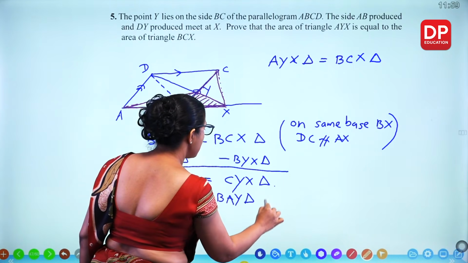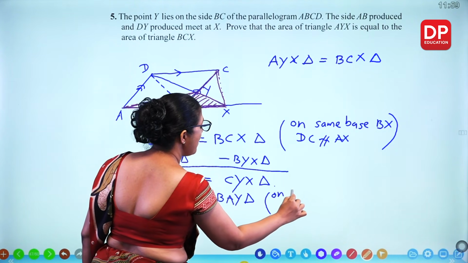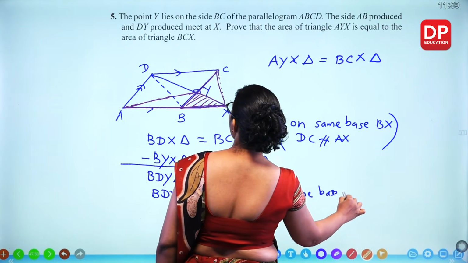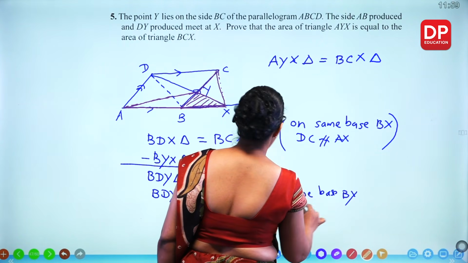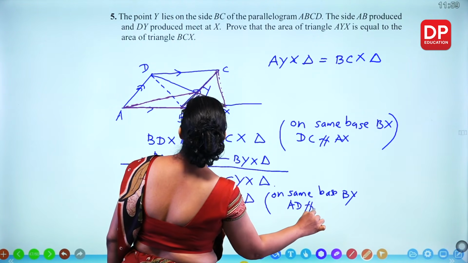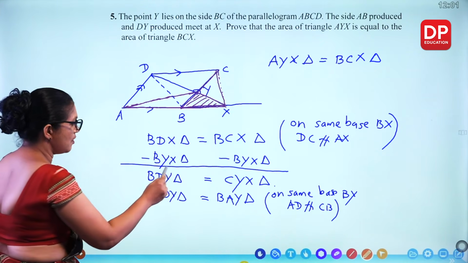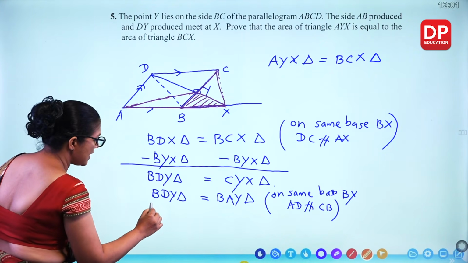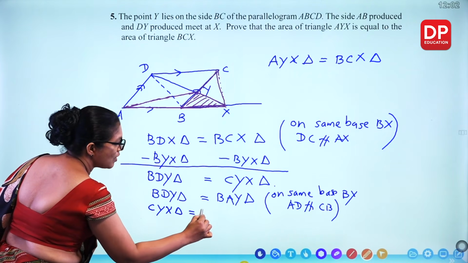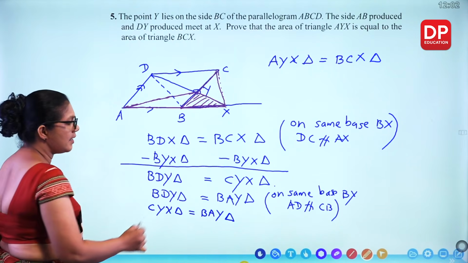I can write this is equal to this because on same base BY and in between AD and CB parallel lines. From these two we can say CYX triangle is equal to BAY triangle because these two are equal.